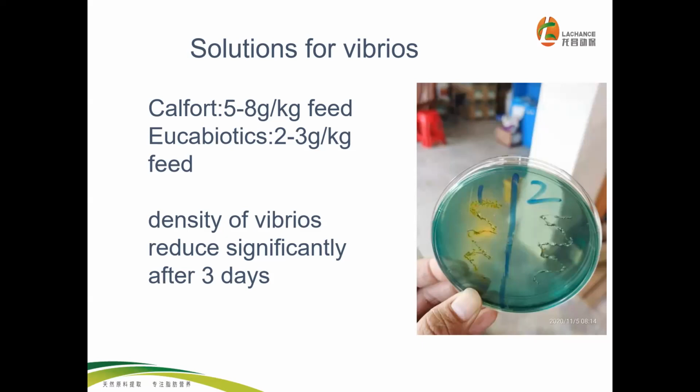After 3 days, on the left side you can see the Vibrio is very low. We tested two things: first the Vibrio in the water, and second the Vibrio in the shrimp. After 3 days, the Vibrio in the shrimp is very low, but in the water there is still some.